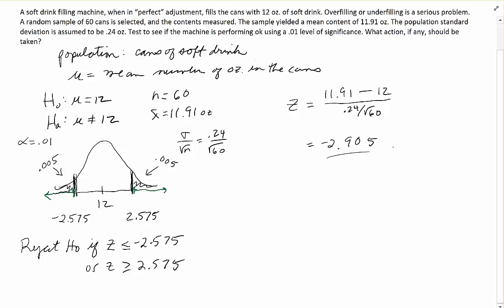And that is enough evidence to reject H sub 0, since negative 2.905 is less than negative 2.575.